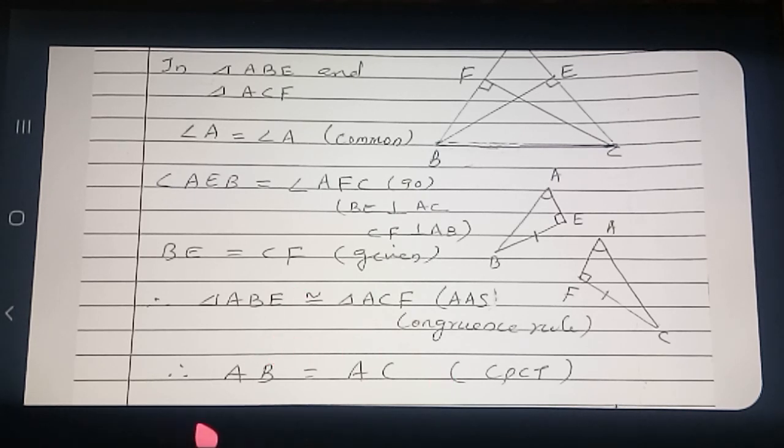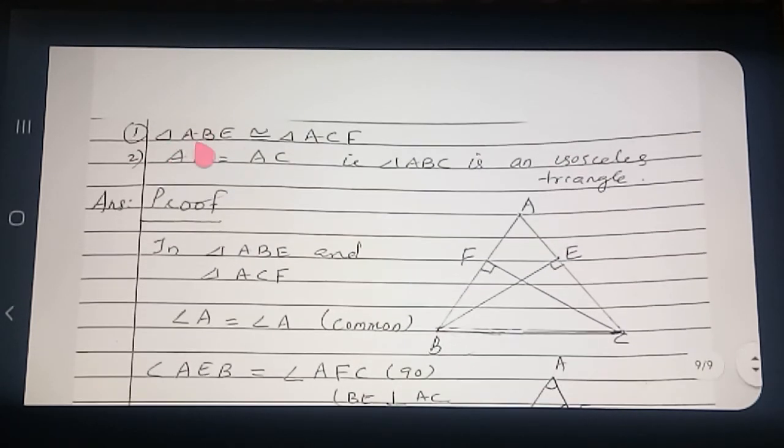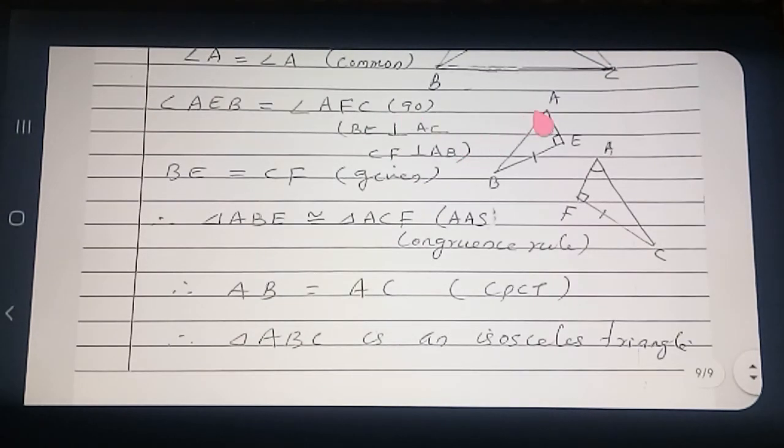Which are the corresponding parts? This you already proved. That is your one question. What is the question? One question is given: prove that triangle ABE is congruent to triangle ACF. That we already proved, by the AAS congruence rule.